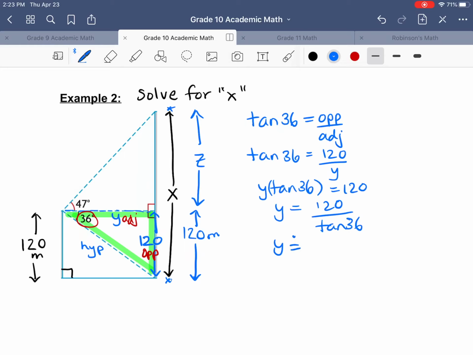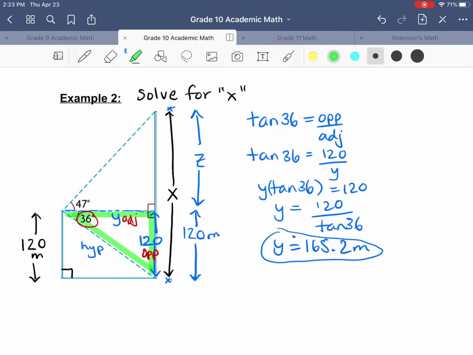That is going to give us a value of approximately 165.2 meters. Again, for lengths, we're rounding to 1 decimal place. So we found y, and this is getting us one step closer to being able to finally solve for x.